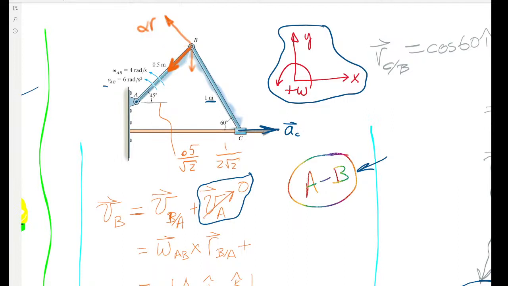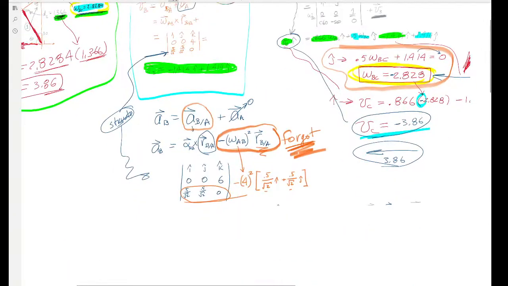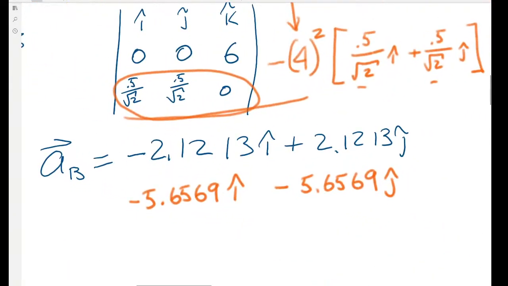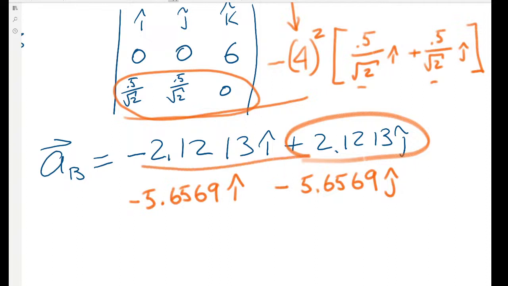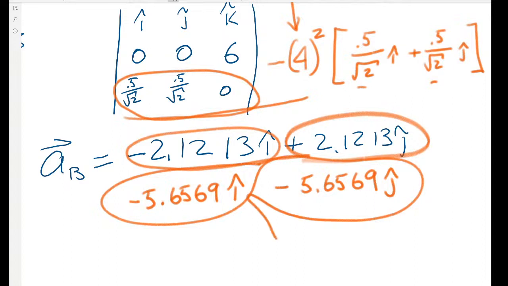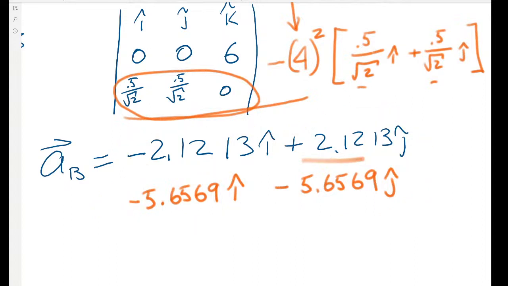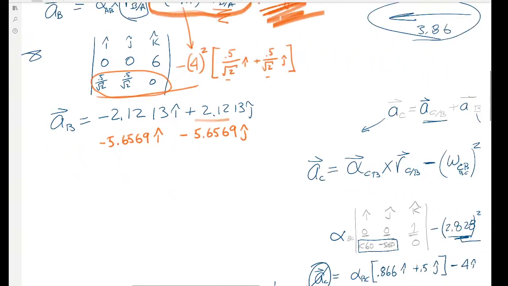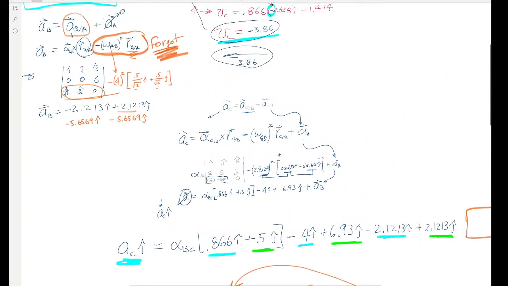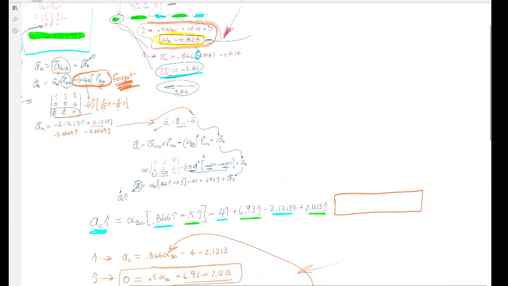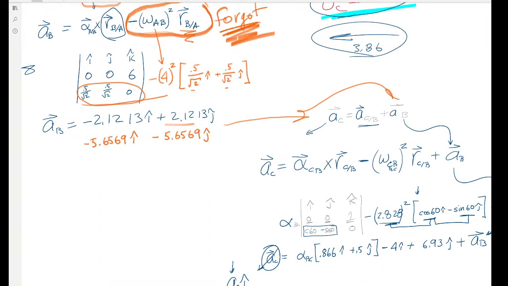The other term should be positive in the y, negative in the x. Negative in both the x and y. So sign-wise, it looks good. Now, what I need to do, carry it across and all the way down. So now I have to include, here's what I'll do. I'll just do it this way.